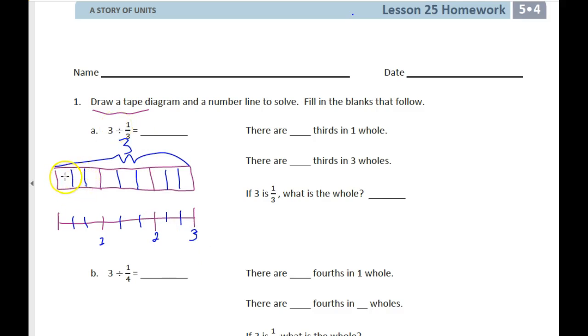And so when we look at this, we go, okay, here's 1, 2, 3, 4, 5, 6, 7, 8, 9. According to that, there's 9 pieces that are 1/3 in size in all of this. If you look at this right here, there's 3 of them.